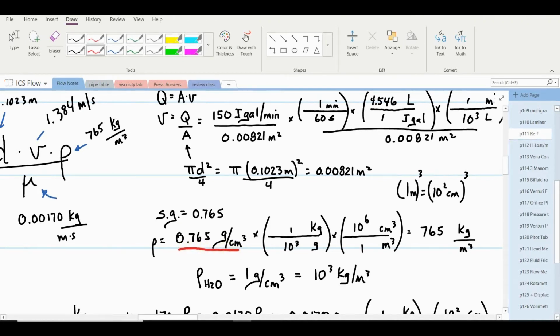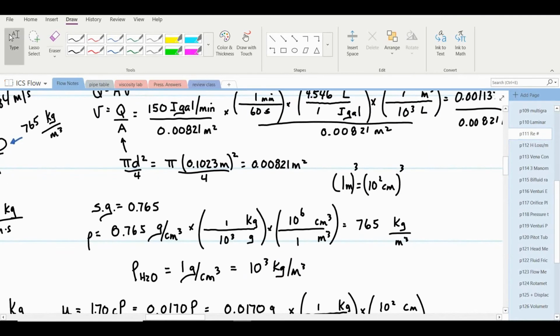Then it's just a matter of converting grams per cubic centimeter to kilograms per cubic meter. So we'll divide by 1,000 to convert grams to kilograms, and we'll convert from per cubic centimeter to per cubic meter by multiplying by 10 to the 6th. Just follow the units, and it's 765 kilograms per cubic meter.